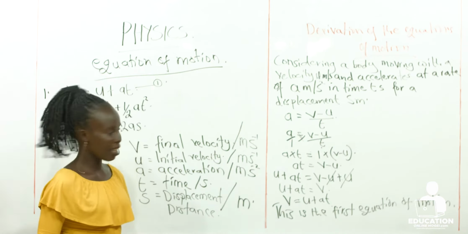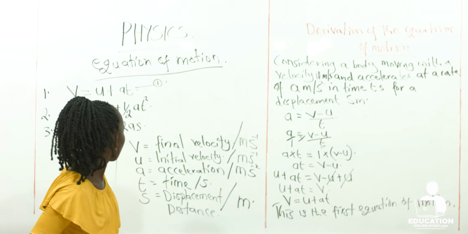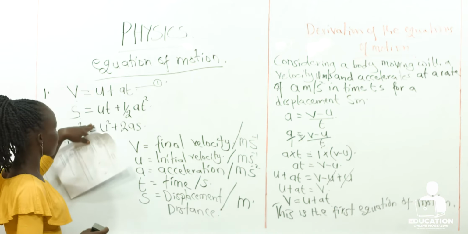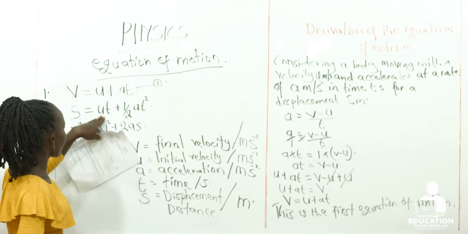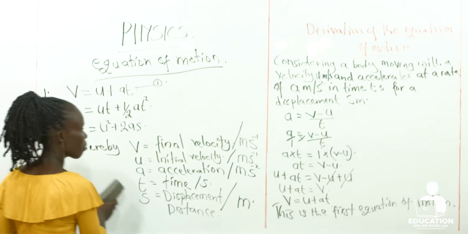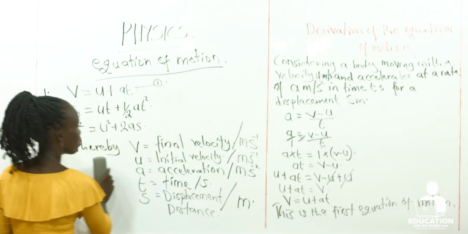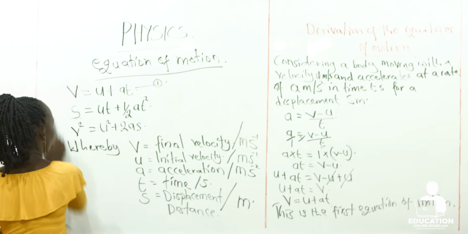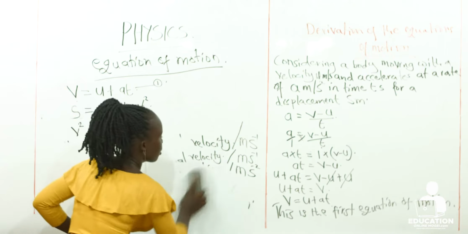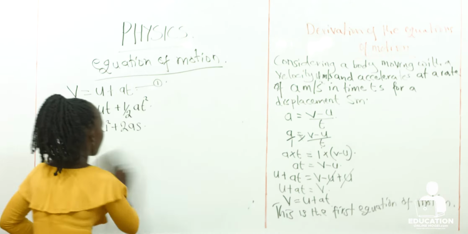So what of the second equation of motion? We have it here as our s is equal to that, but I'm going to rub this side so we can put it somewhere else. We can try to write it somewhere so that we follow it up.